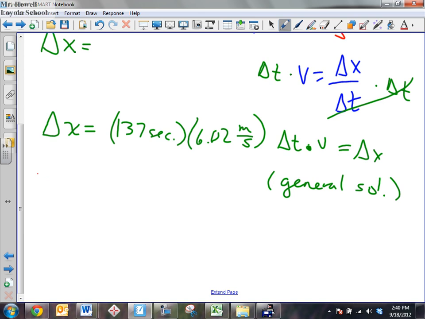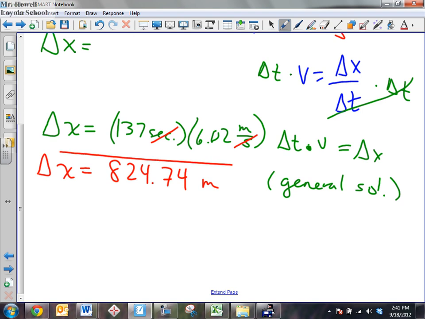Somebody have a calculator want to check? 0.74. And what are my units in here? Very good. And it's not just the answer because it's distance. It's because the seconds cancel. Take a look. Cancel, cancel. I'm left in meters.